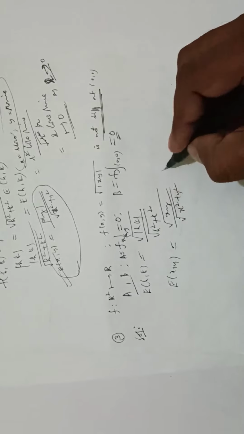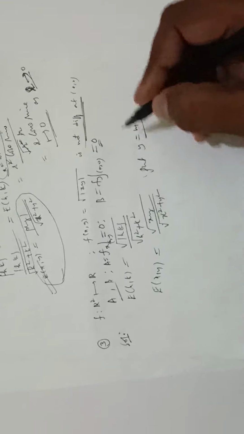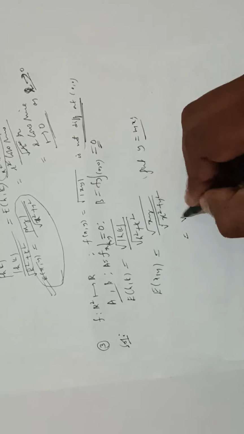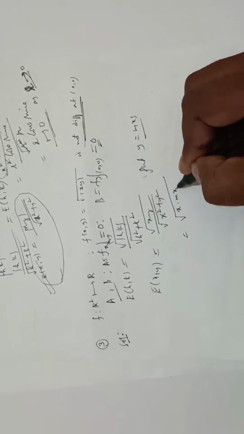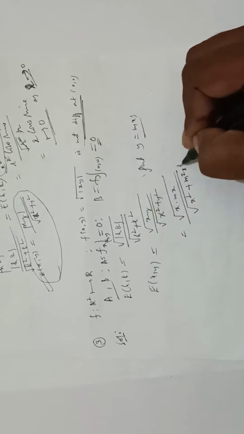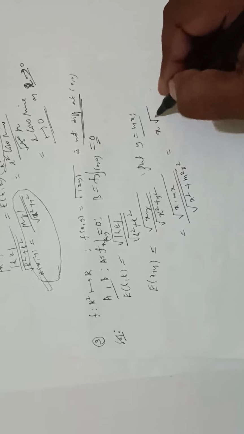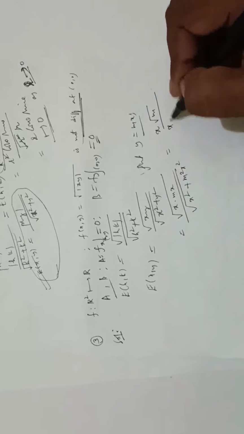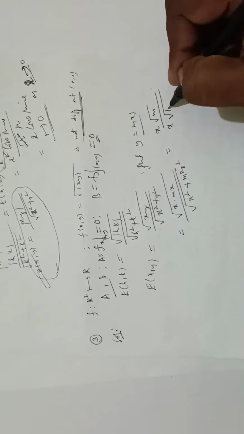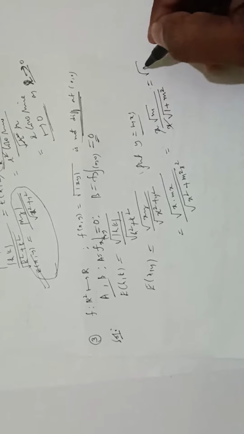So put y equals mx, you will get square root of x into mx by square root of x square plus m square x square. So it is square root of m by square root of 1 plus m square. So it depends upon m.